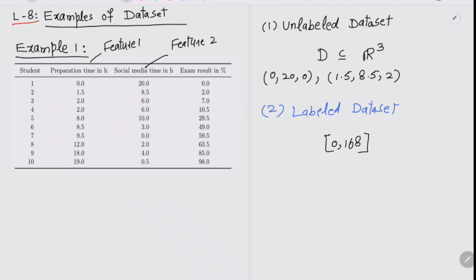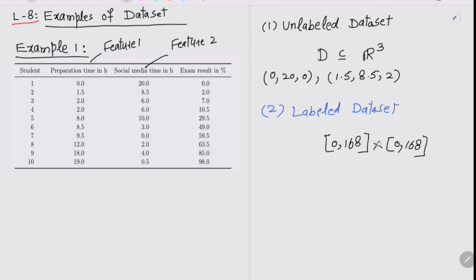is the interval. Similarly, for social media time, the minimum time is 0 and the maximum time is also 168 in 1 week. And what else do we have?